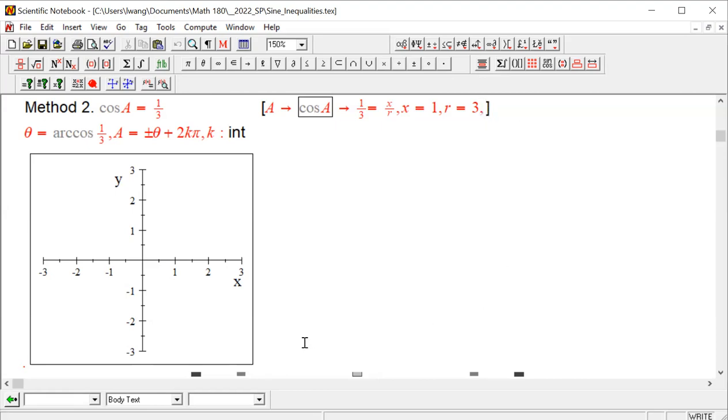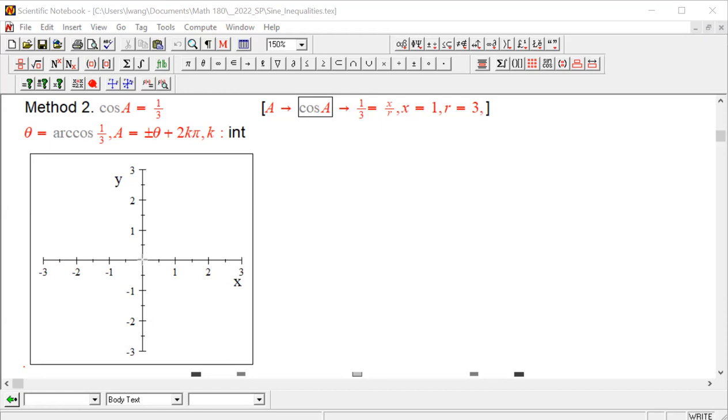We can find the other one. x is 1, r is 3. So there's a red and a blue. The red is 1, r is, let me draw it. If you like to pause this recording and figure out how you're going to draw a proper picture, it doesn't have to be perfect, but I need to maneuver this software.